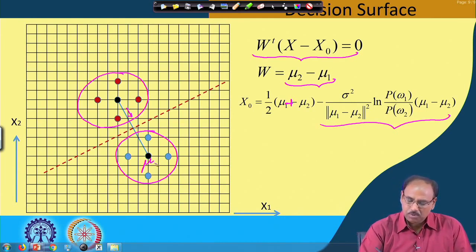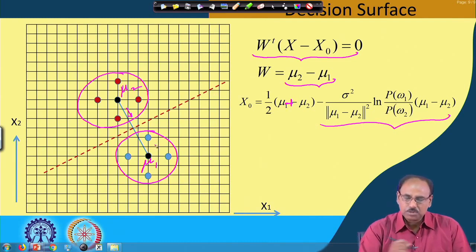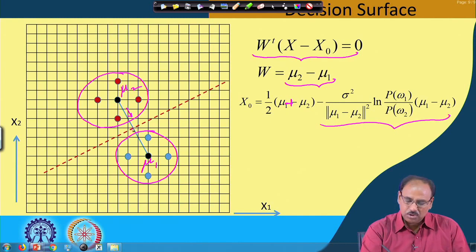Here this was mu 1 and this was mu 2, and this red dotted line, which is an orthogonal bisector of this blue line, is the decision boundary between the two classes omega 1 and omega 2. As I am assuming P(omega 1) and P(omega 2) to be equal, this x naught is nothing but midway between mu 1 and mu 2.